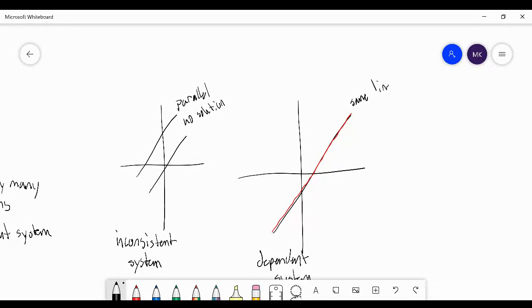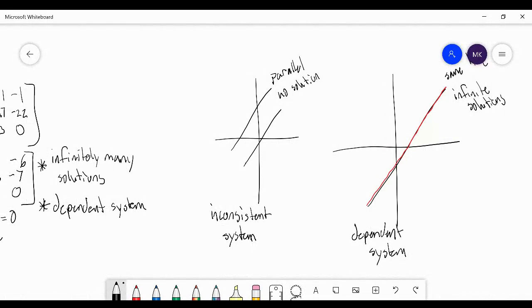Same line: infinite solutions. Okay, so that's what's happening here, two-dimensionally.